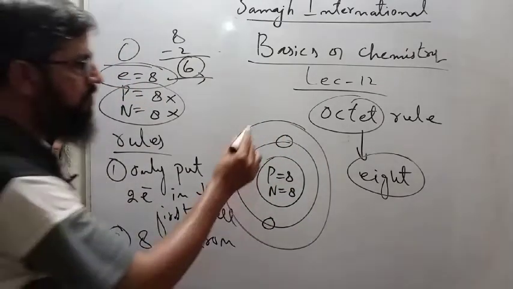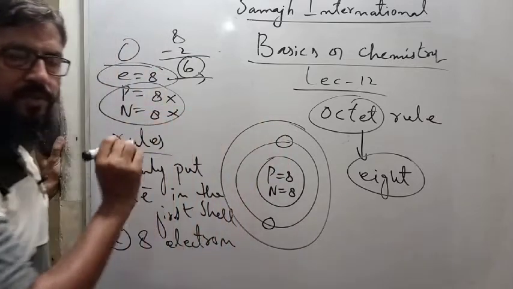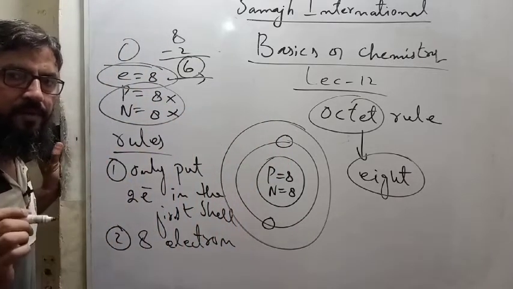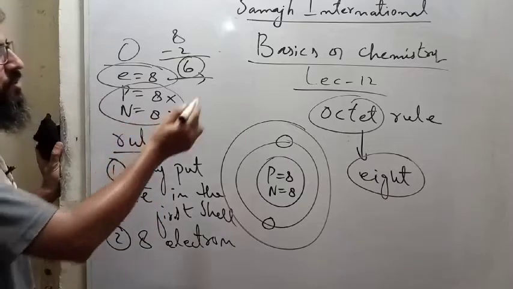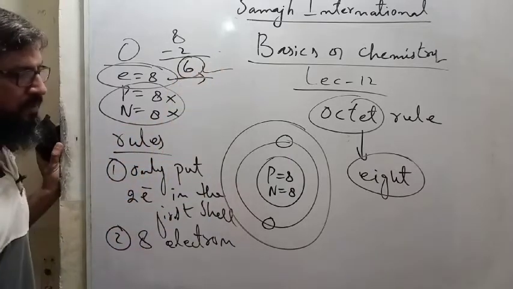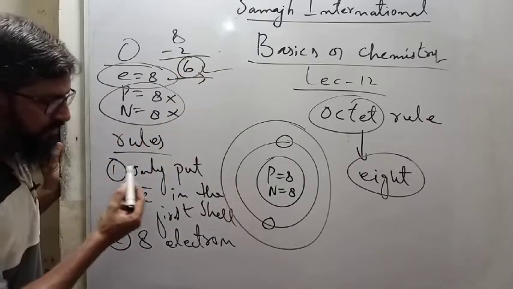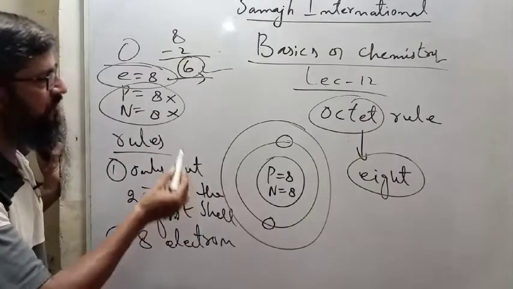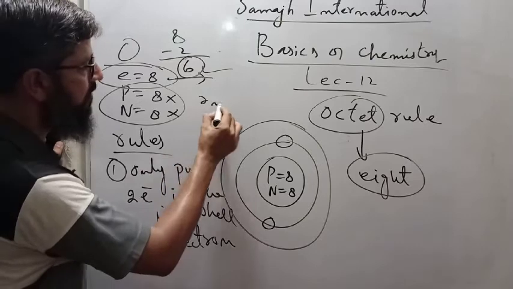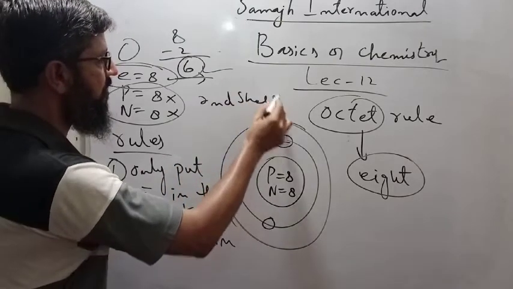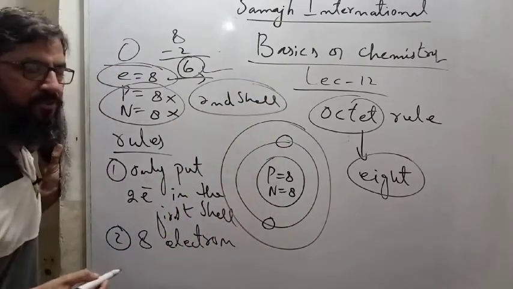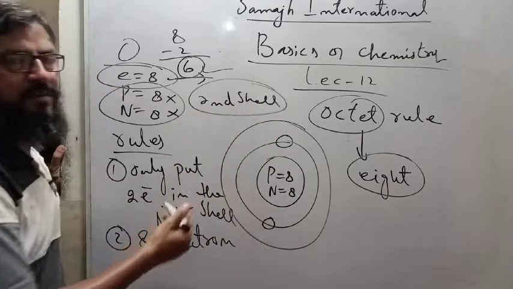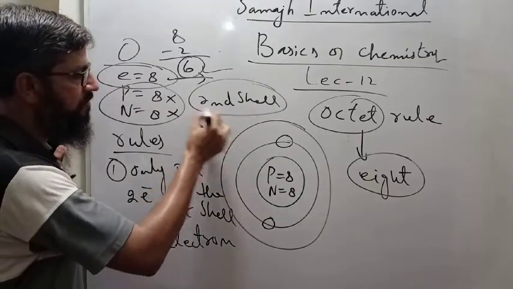But how? This is something difficult. How many electrons do you have? 6 electrons. Which number is the shell? This is the second shell. How many electrons can you keep in this second shell? 8 electrons.